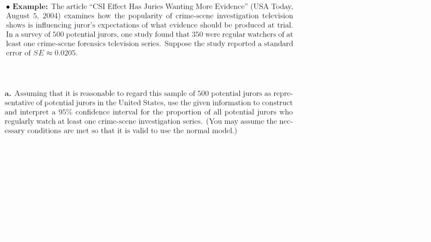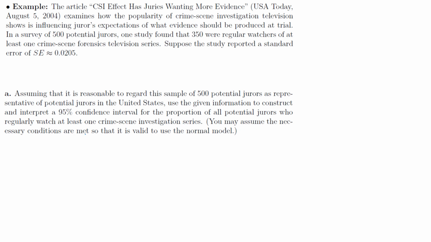So in A, it asks, assuming that it is reasonable to regard this sample of potential jurors as representative of all jurors in the United States, use this information to construct a 95% confidence interval for the proportion of all potential jurors who regularly watch at least one crime scene investigation series. And then this last part's important.